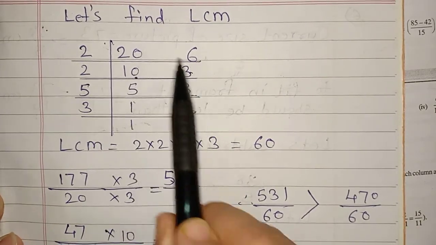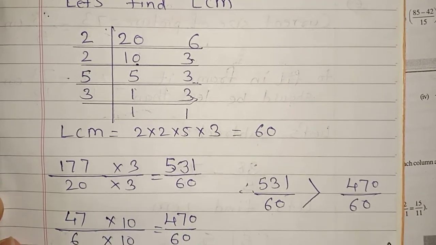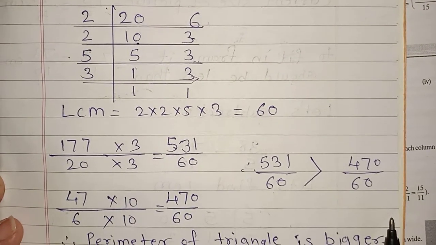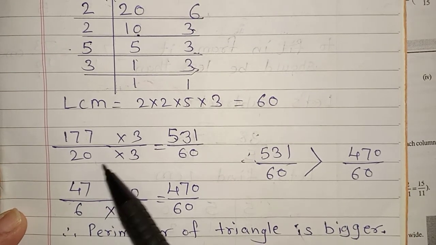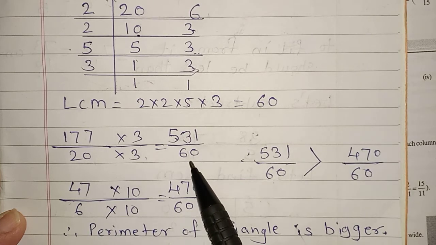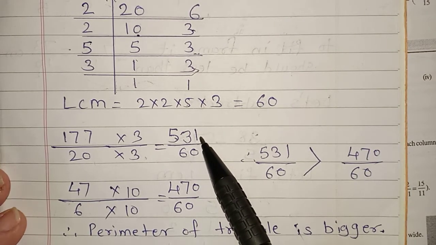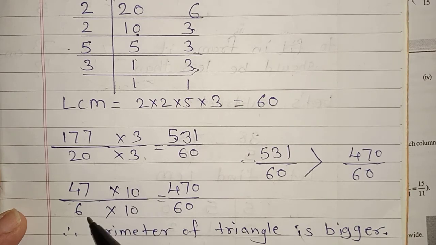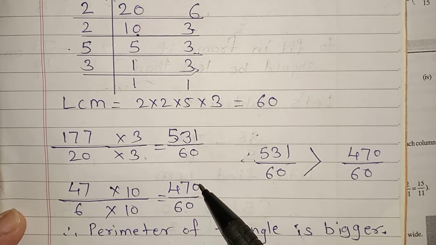After finding it, I got 60. Let's make the denominator same. The first fraction, 177 by 20 multiplied by 3, gives me denominator 60 and numerator 531. 47 by 6 gives me denominator 60 and numerator 470.